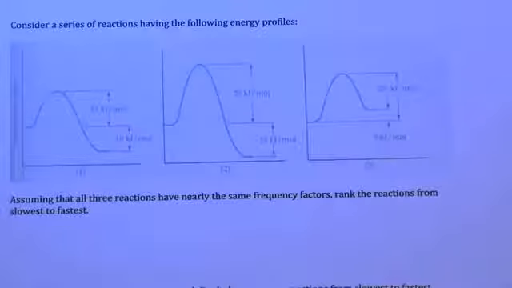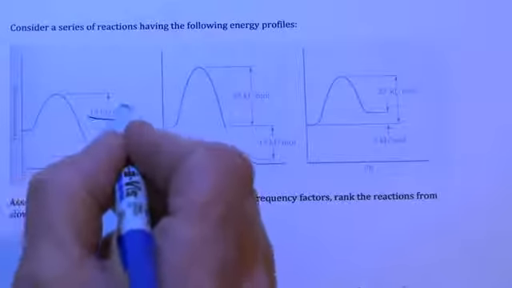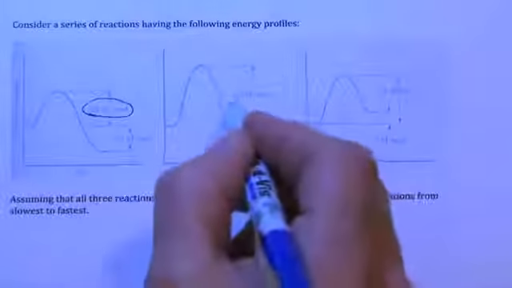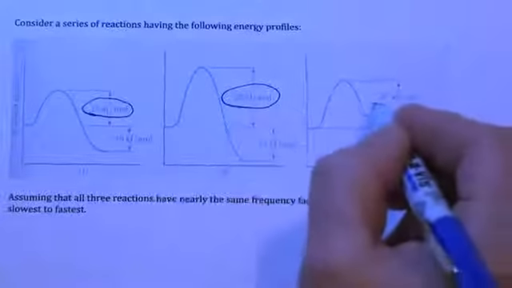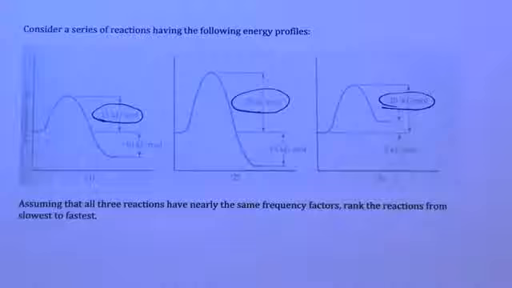Well, first of all, the lower the activation energy, we can assume the faster the reaction. So if we take a look at each one of these, this one has an activation energy of about 15 kilojoules per mole, this one 25, and this one 20. So we would generally think that the lower the activation energy, the faster it would go.